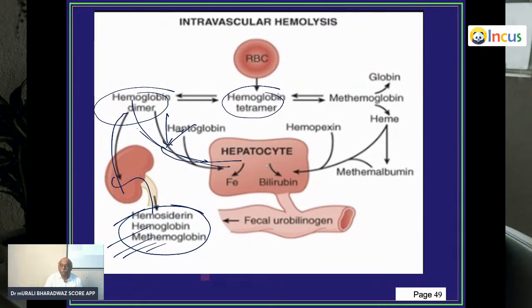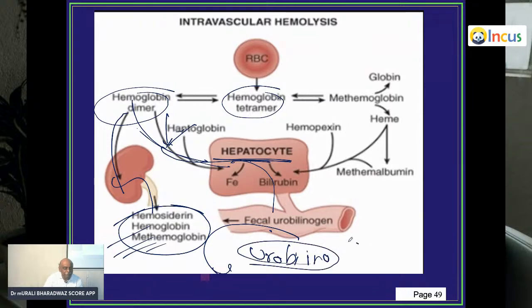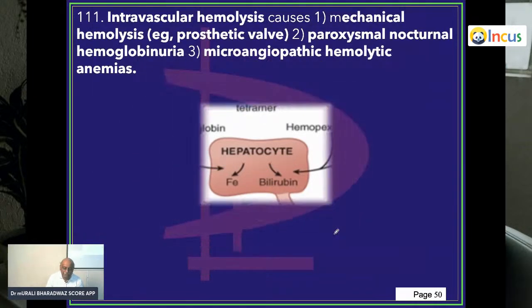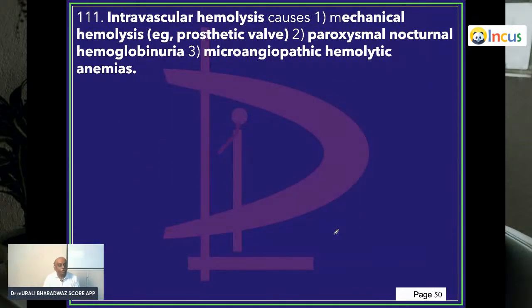Attached to haptoglobin, it will go to the liver and then the gut, leading to urobilinogenuria. Urobilinogen is positive in urine. If there is any obstruction like obstructive jaundice, you will not find fecal urobilinogen. That is the difference.